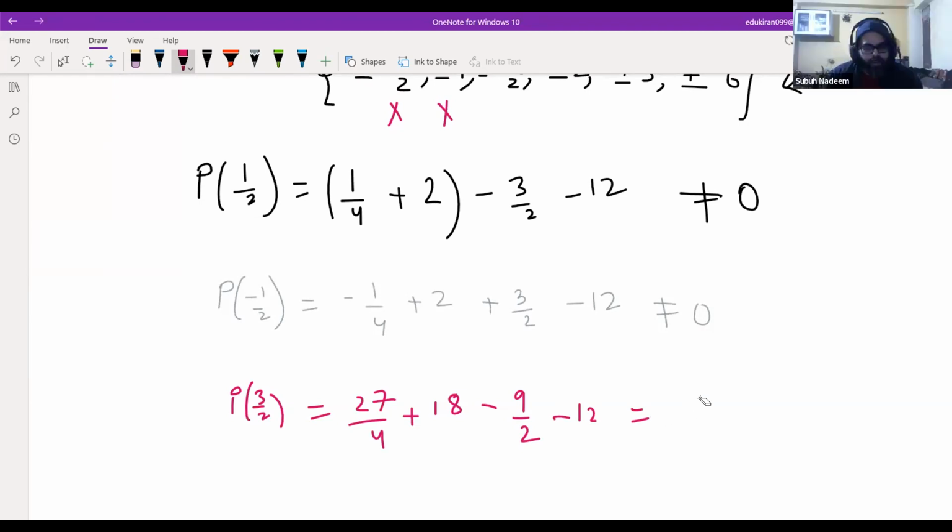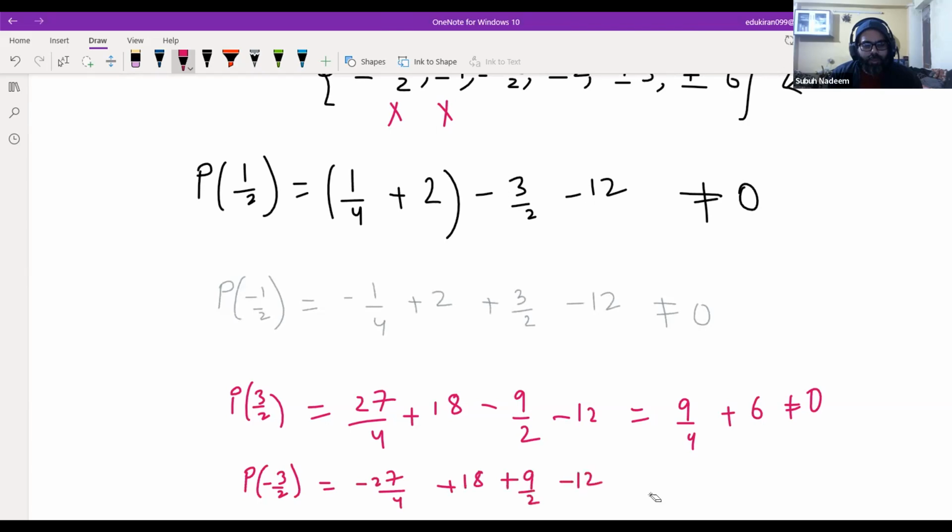Now we come to 2/2. Have you checked for minus 3/2 also? No. 27 minus 18 will be 9 by 4, and this will be plus 6. It is not equal to 0. For minus 3/2 also check. It will be minus 27 by 4 plus 18 plus 9 by 2 minus 12.